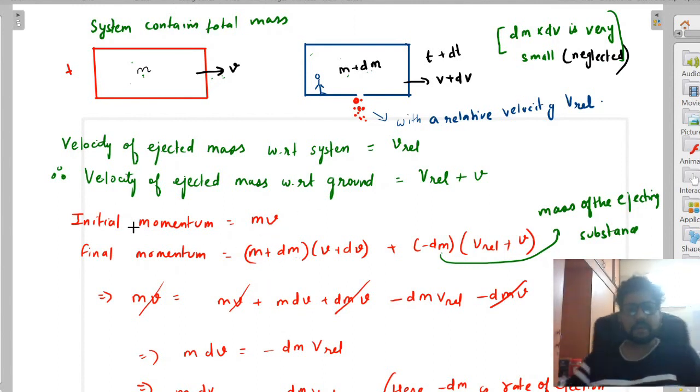So now the initial momentum mv has to be equal to the final momentum.